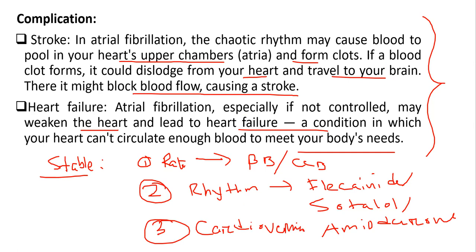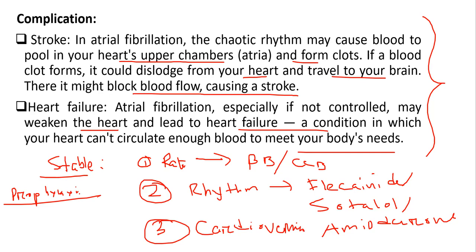Apart from that, AF management is never finished until you talk about prophylaxis to prevent a stroke in this patient. Because this patient is at high risk of having a stroke or TIA, you have to find out if this patient fulfills the criteria to get prophylactic medication.